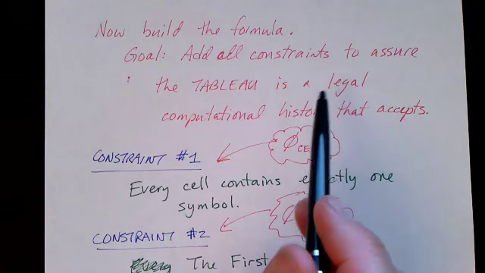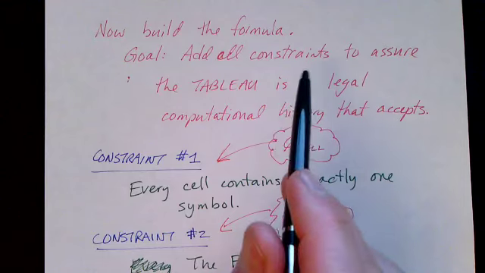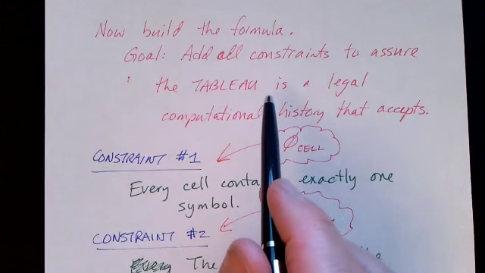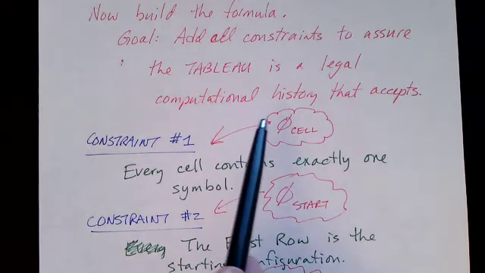So we're going to build a logical formula such that if it's satisfiable, if we can satisfy those constraints, then it means that a table exists, and that table describes a legal computation history.